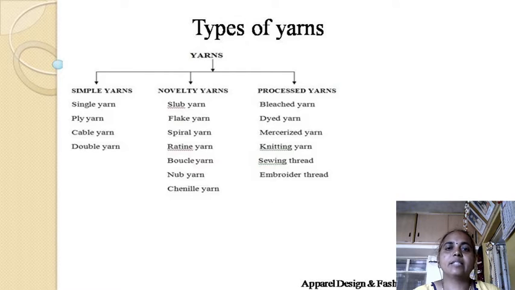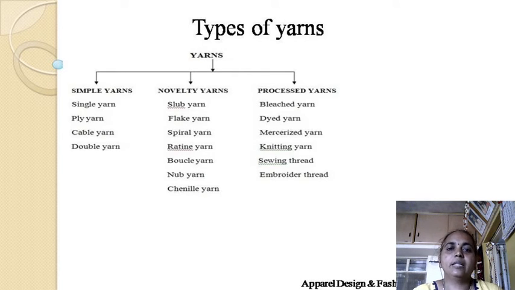So remember this flow chart. Yarns, types of yarns. Yarns are classified into three groups. You already know which are those: simple yarns, novelty yarns, processed yarns. Simple yarns are again classified into four groups: single yarn, ply yarn, cable yarn, and double yarn. Next are the novelty yarns, which are used for the decorative or fancy effect on the fabric.